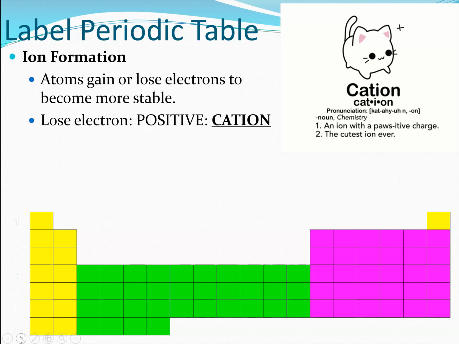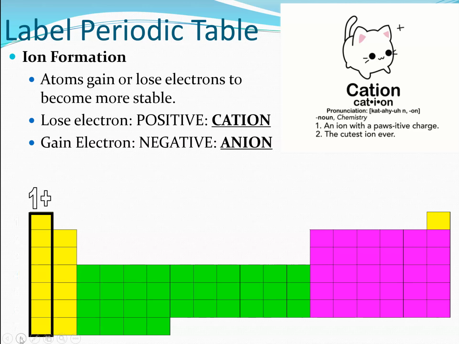When you lose an electron, you become positive, and this positive ion is called a cation. As the little box with the little kitty cat says, it's pronounced cation. It's an ion with a positive charge, the cutest ion ever. If you gain an electron, you become negative, or an anion.